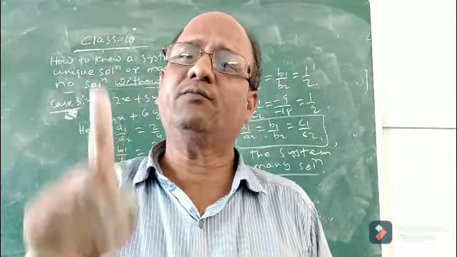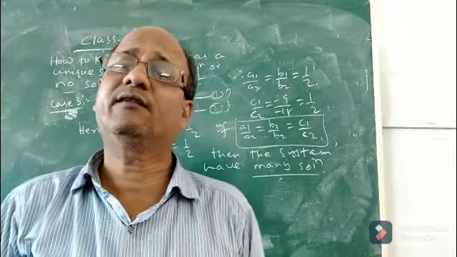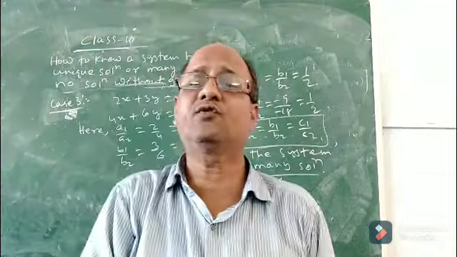If a1 by a2 equal to b1 by b2 but both are not equal to c1 by c2, then the system will have no solution. In the third case, if a1 by a2 equal to b1 by b2 and both are equal to c1 by c2, then the system will have infinitely many solutions. That means you will get a single straight line if you draw the graph. The two lines are coincident.